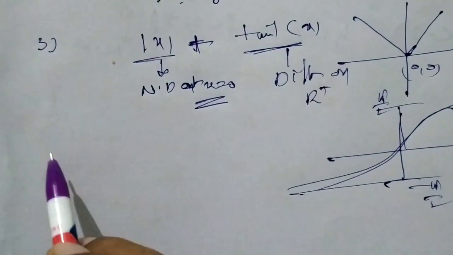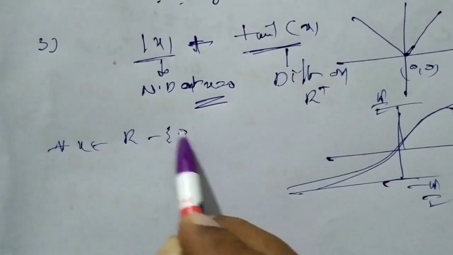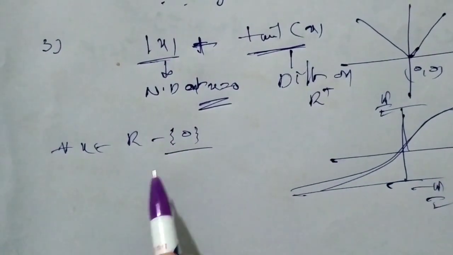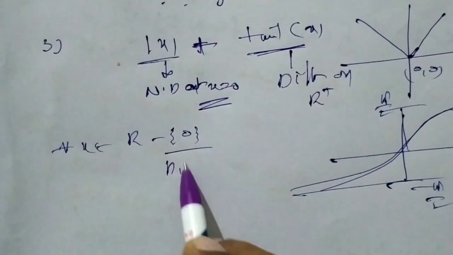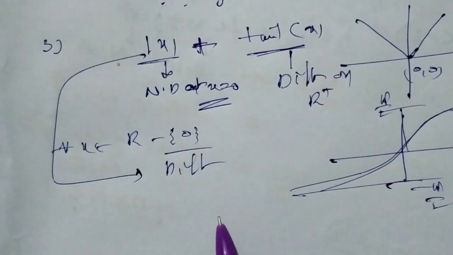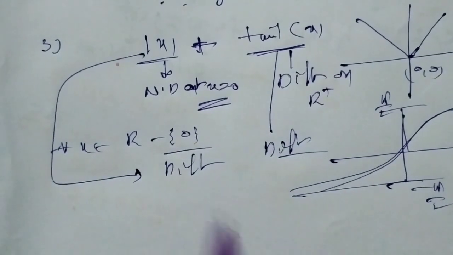We know that for all x belongs to R minus 0, modulus of x is differentiable, and tan inverse x is differentiable everywhere, in particular on R minus 0.